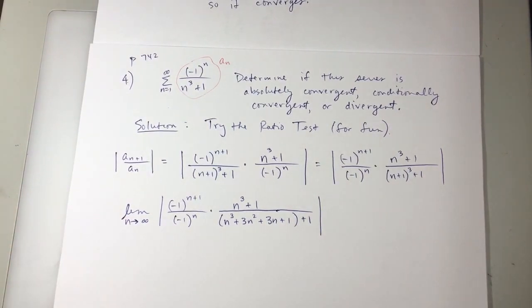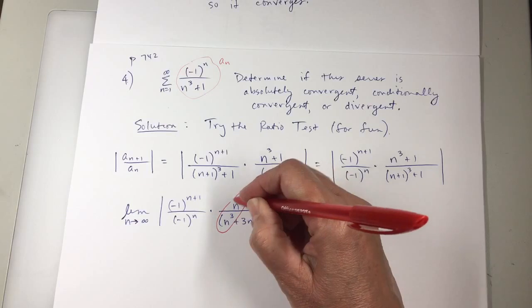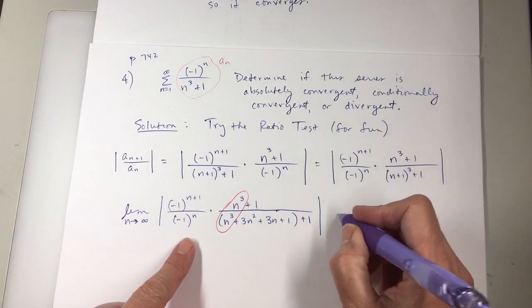That's what you would get if you multiply it out. And looking at the leading terms, the top and the bottom, they're n cubed. That limit as n approaches infinity is going to be 1. This limit is 1.